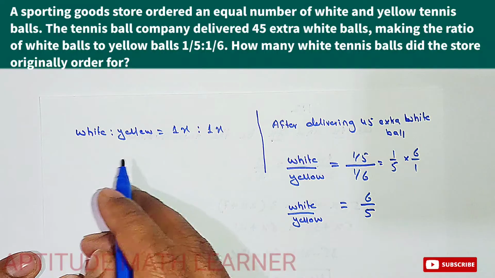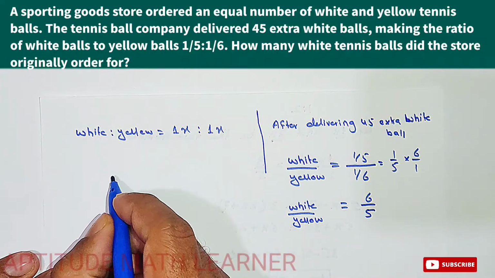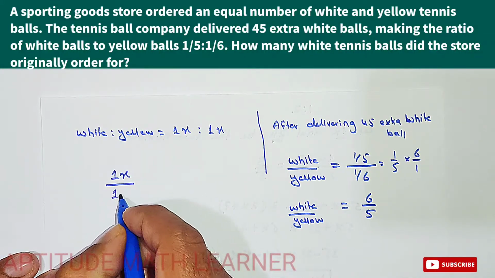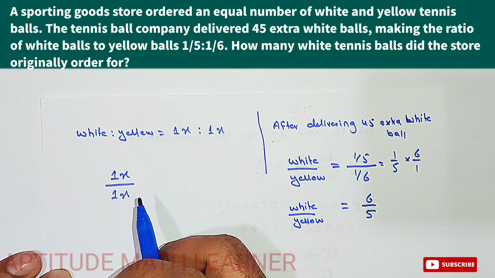Now the main question: he demanded equal white and yellow balls, so x upon x. These are the balls demanded by the store.